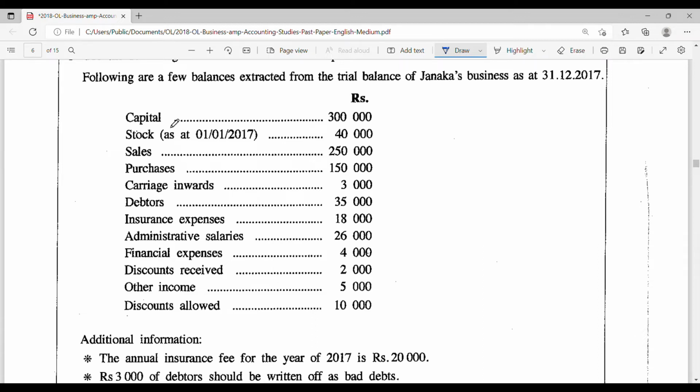You have an opening capital, opening stock, sales, purchases, carriage inwards, debtors, insurance expense, administrative salaries, financial expenses, discount received, other income, discount allowed.